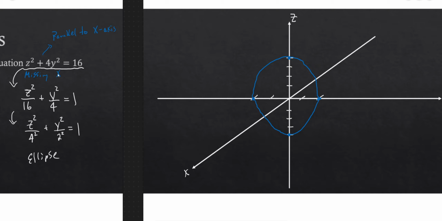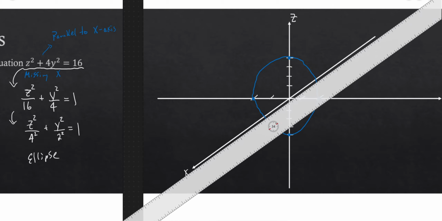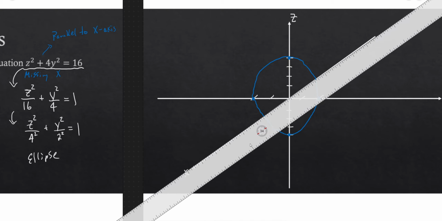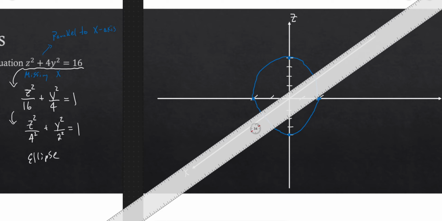I want to also notice that setting x equal to anything, if I push this forward or push it back, I'm going to end up with the same ellipse. So one thing I'll do here is draw those other traces. I'm going to make parallel lines to the x-axis. I'm going to do dotted lines because these are not part of the surface, and also not blue.